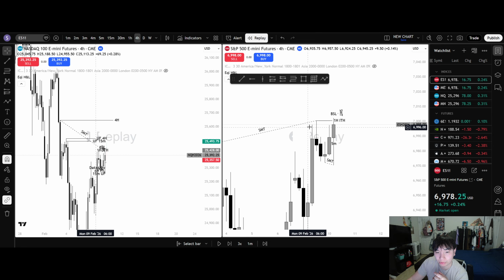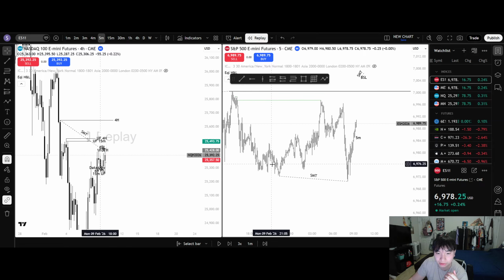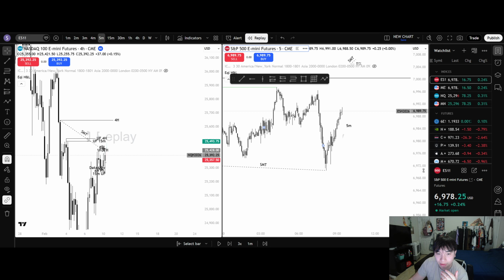But we didn't. What we did was we created a gap here, another 4-hour gap. We manipulated into the gap and then displaced above. As you can see here, that's exactly what we did.